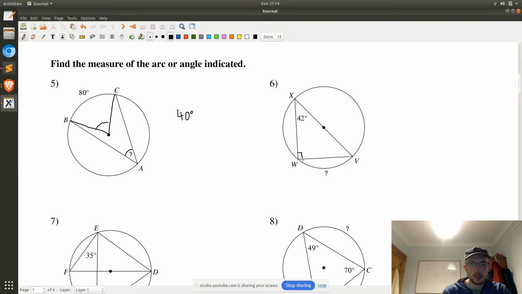This will be 90 degrees, as the angle within a semicircle is 90 degrees, of the two chords joined to the diameter there. So that'll be 48 degrees. I don't know what they mean.